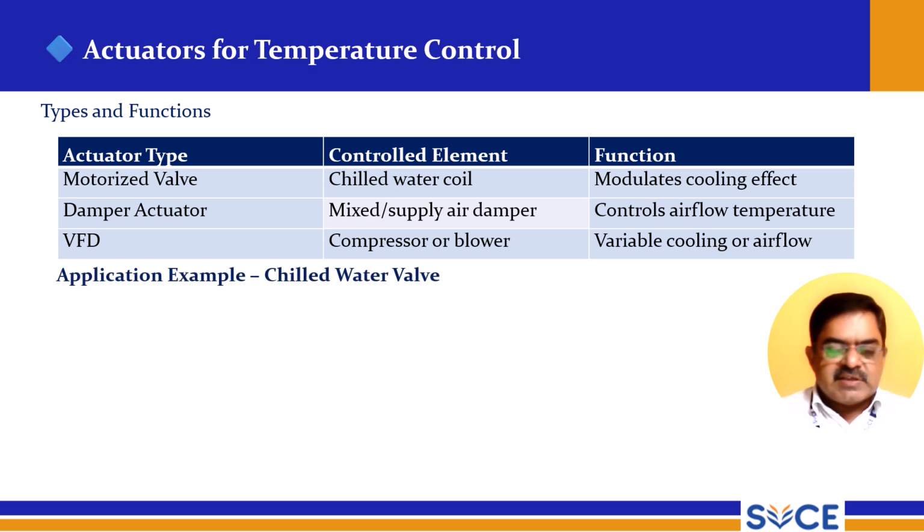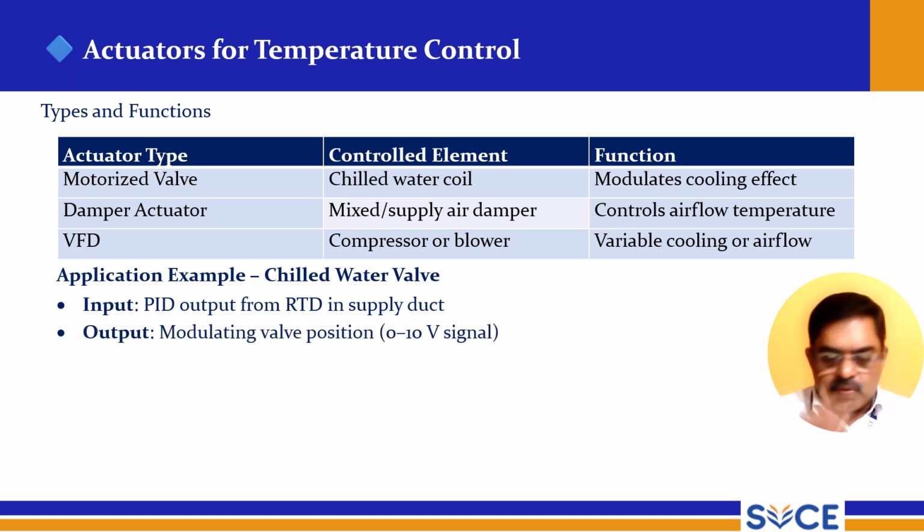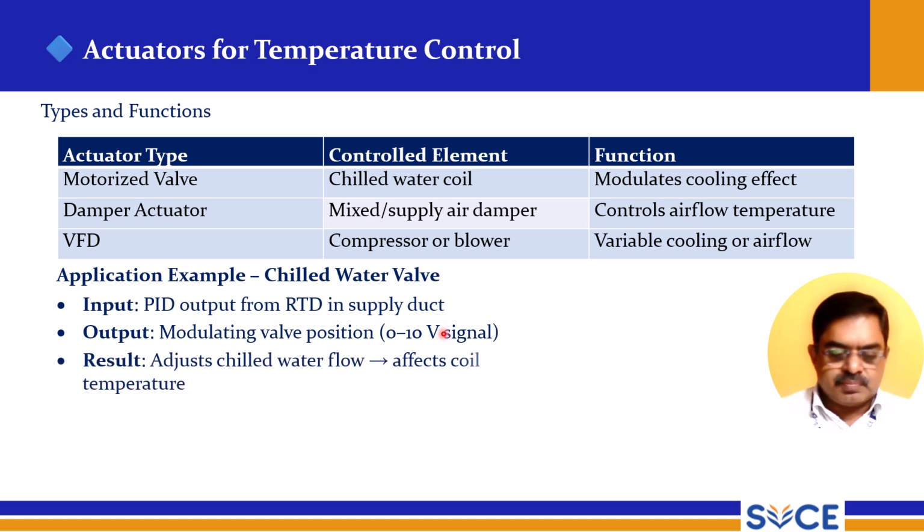So application example: chilled water valve. Here the input is PID, output from RTD in supply duct, and output is modulating valve positioning, that is a 0 to 10 volts signal. The result from this system is adjusted chilled water flow, and it affects coil temperature.